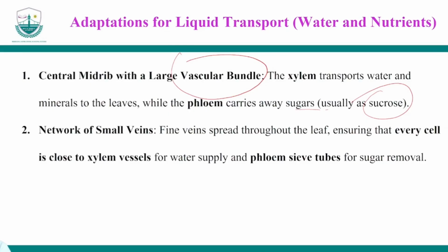And for example, the point is that you have these fine, that is, very small veins that branch away from the central midrib, and these have branchings that are very close to the xylem vessels, and that is very efficient for transportation of water and mineral salts, and then the phloem sieve tubes for transportation of the sugars.